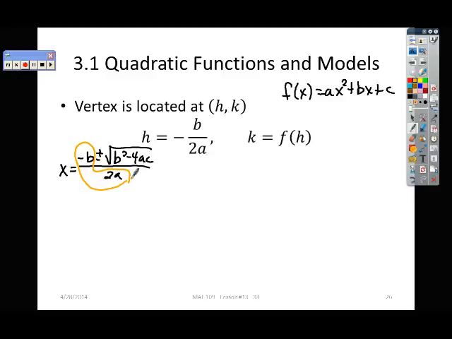The x value is that part of the quadratic. That's how you can remember this. You're supposed to remember this one anyway. So just peel off part of it and ignore the square root, and that gives you the x location of the vertex.